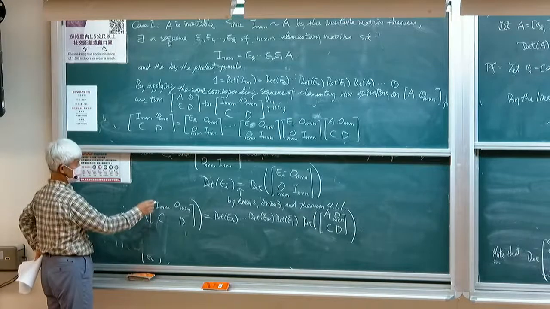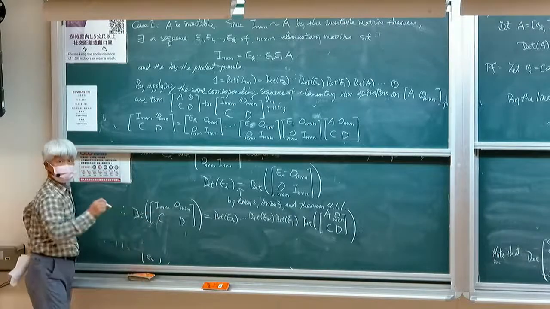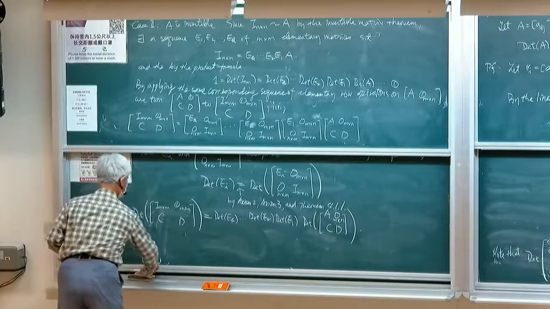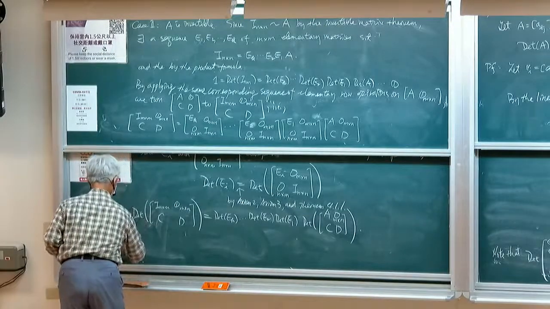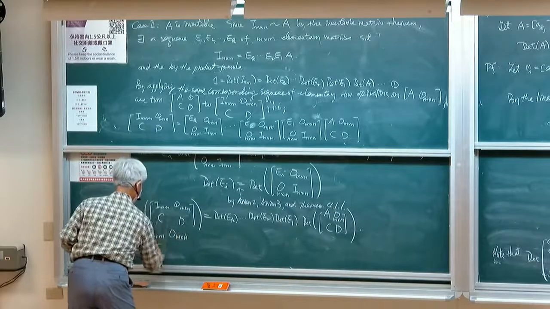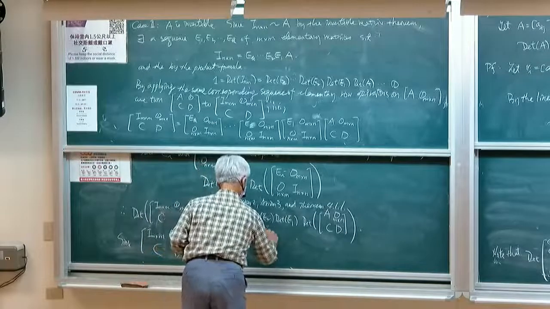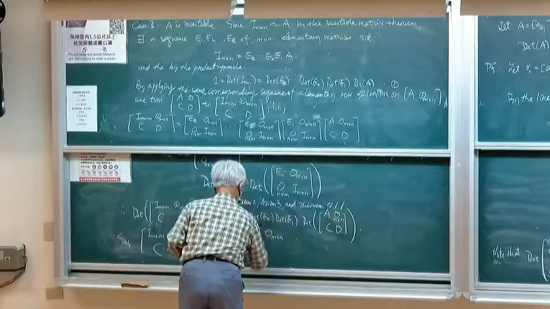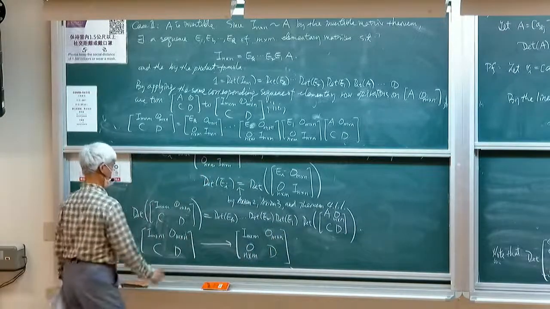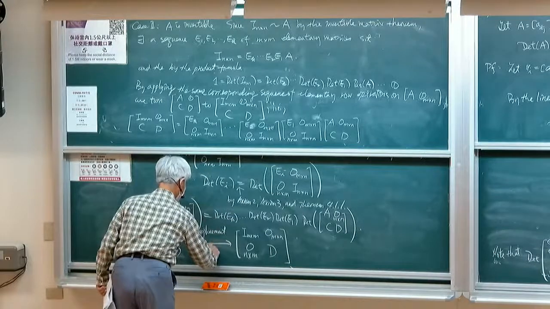We can use the pivot to cancel all the entries in C. Using the replacement row operation, all the entries in C can be cancelled, so this can be reduced to the identity, 0, and D by replacement row operations.